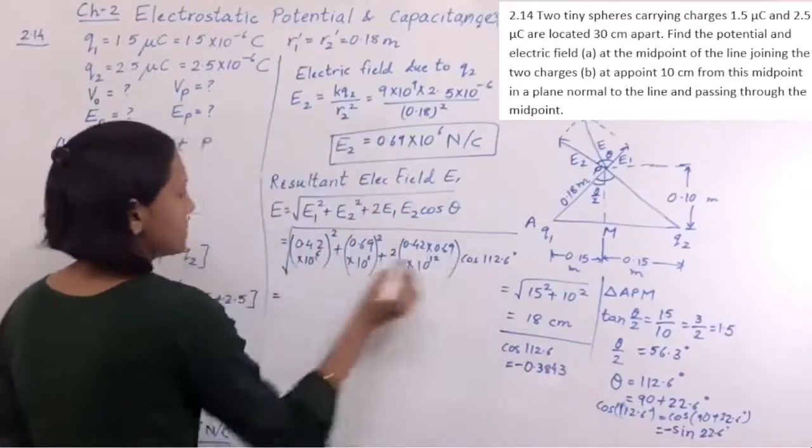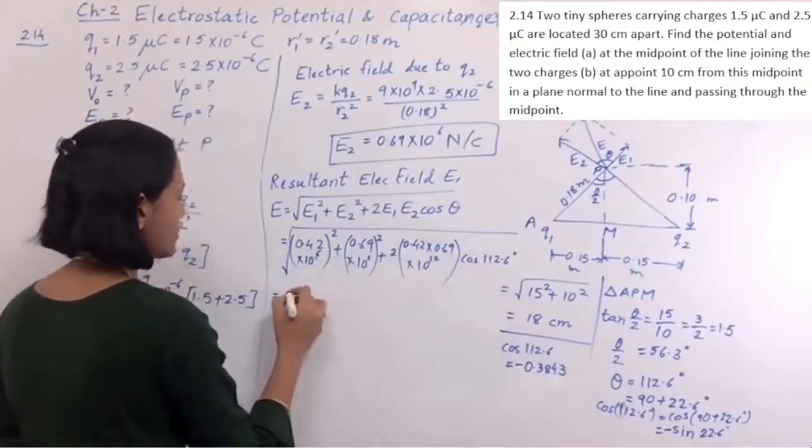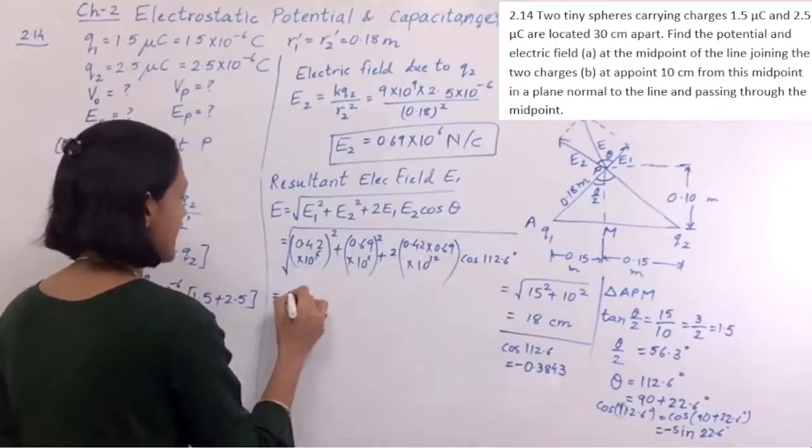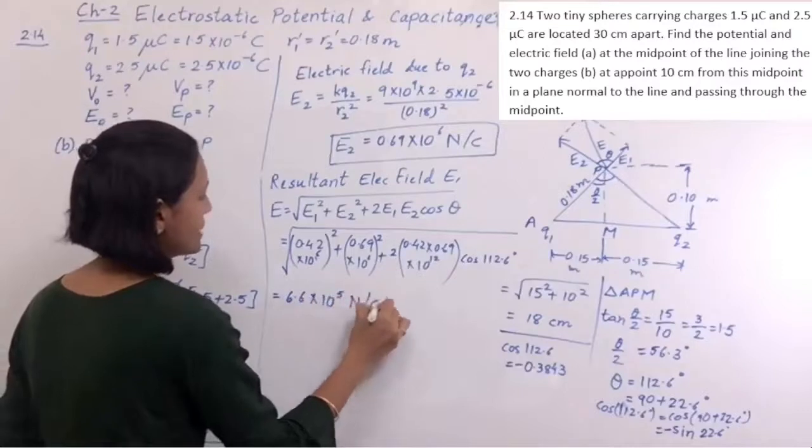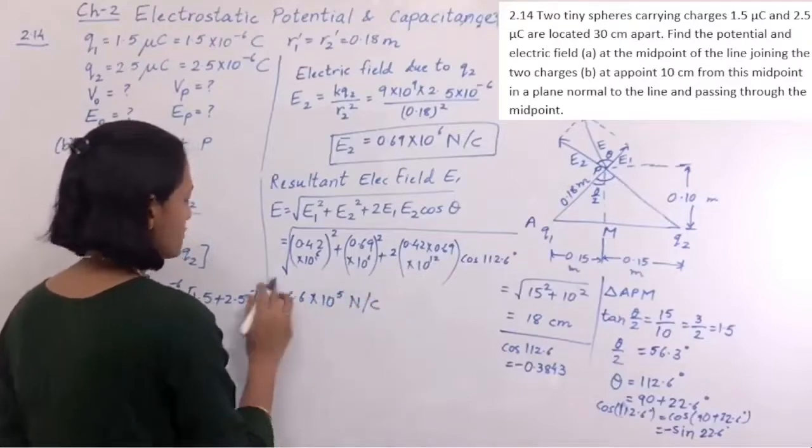Putting all those values, we get E as 6.6 into 10 raised to 5 Newton per Coulomb. So the final resultant E is this much.